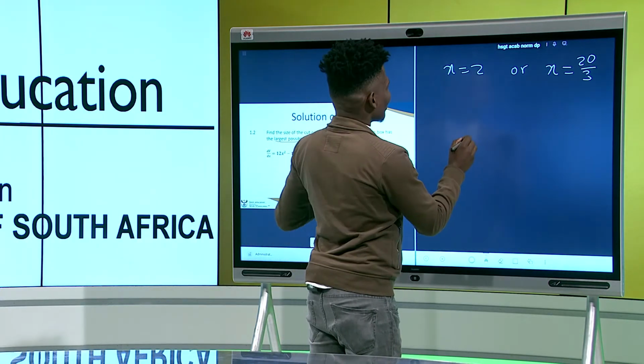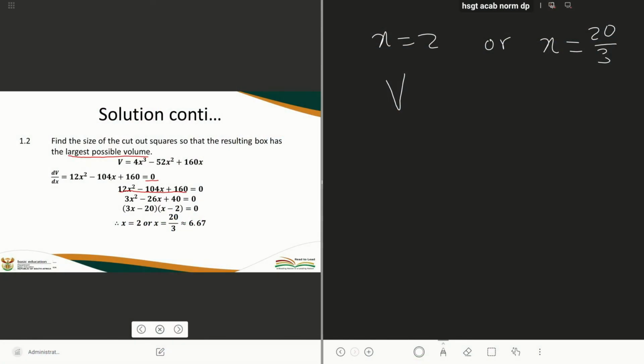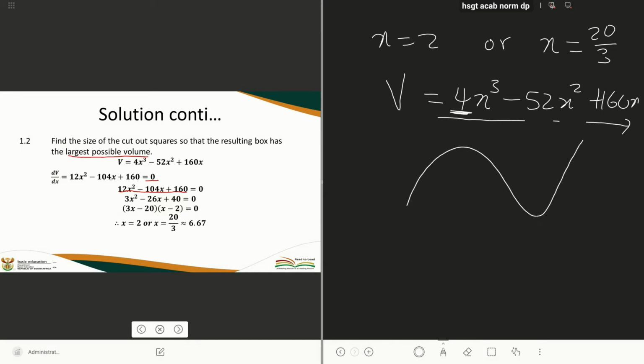You'll remember that the expression for volume is 4x cubed minus 52x squared plus 160x. From your time drawing cubic functions, you'll agree with me that this expression represents a cubic function, and your a is positive. So it means that we have a cubic curve like that one. There is your maximum and there is your minimum.